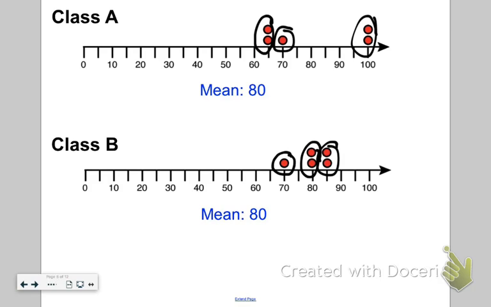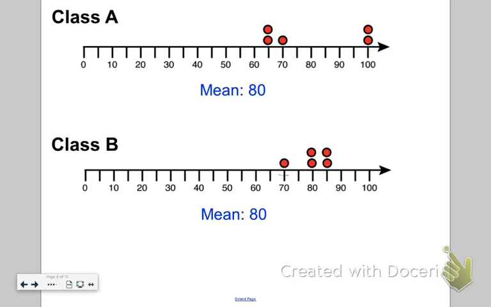What I want you to do is take a look at the mean. Each class has a mean of 80. Both classes, Class A and Class B, their average is 80% on this test or quiz. But look at the data. The data is very different.